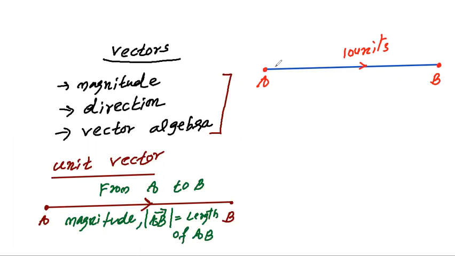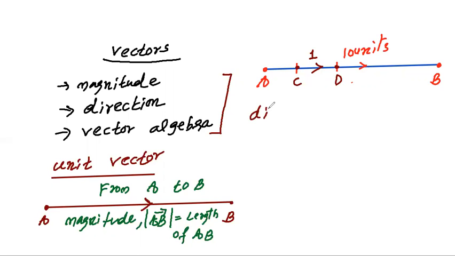You can see that the direction is from A to B. Let me take a small part from this vector. What is the speciality of that small part? That small part also has the direction A to B, the same direction. Is it clear? And I am taking the length of that small part as 1. Let me call that CD.